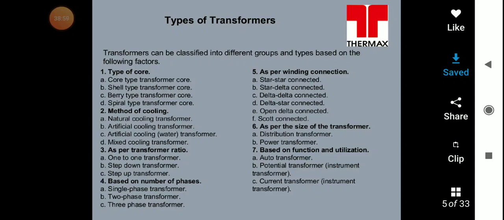As for winding connection: star to star, star to delta, delta to delta, delta to star, open delta, Scott connected. As for size: distribution transformer, power transformer. Based on function and utilization: auto transformer, potential transformer, current transformer. Like this, in practice we have so many types of transformers.